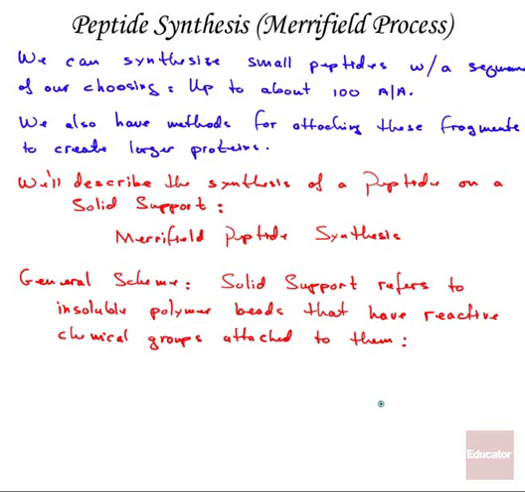So I have this bead, and then in this particular case, the group that I have attached to it is CH2Cl. So this is our polymer bead. It is insoluble, so it doesn't dissolve.